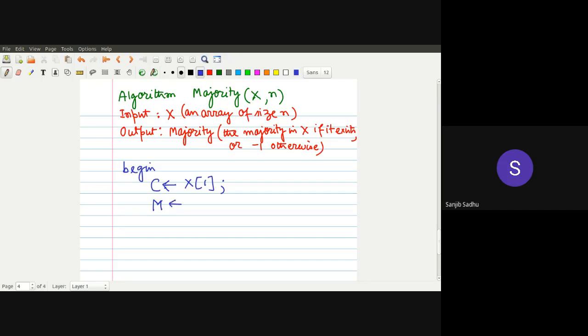So m is equal to 1. For I, I should not write like C programming language, I should write just like this. For I equals 2 to n, means it is increasing one by one.